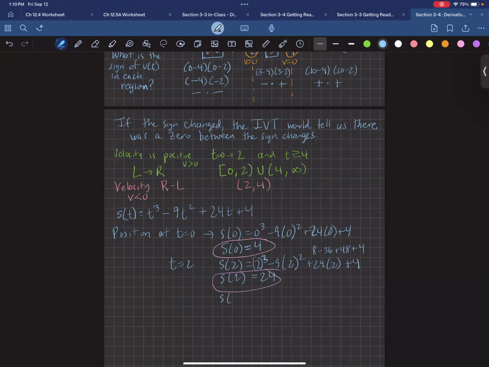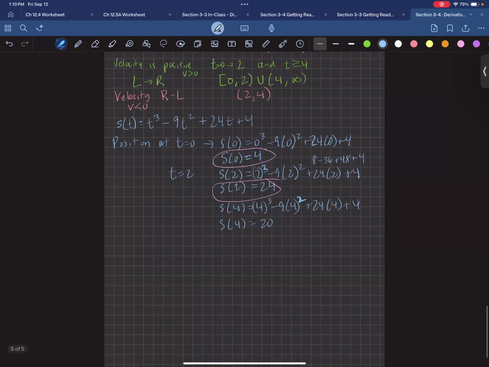And S of 4. I'm just plugging in the 4 for all of my t's. When I do that, I get S of 4 equals 20. So maybe if I draw a number line, I'm going to give myself a little room.